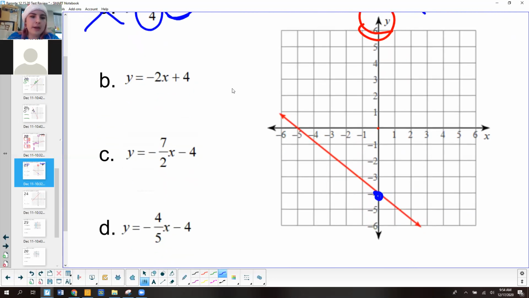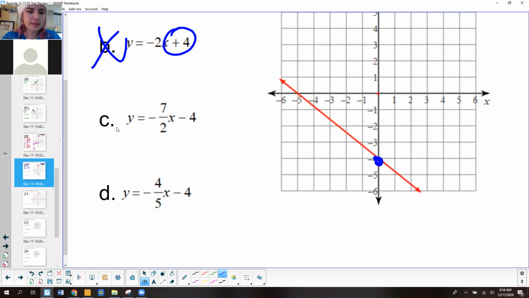So which one can I cancel out now? Good, guys, we can cross out B because B has a positive. B says that we would have it up here, but that's not where our y-intercept is, so we can cancel that one out. So we're between C and D.